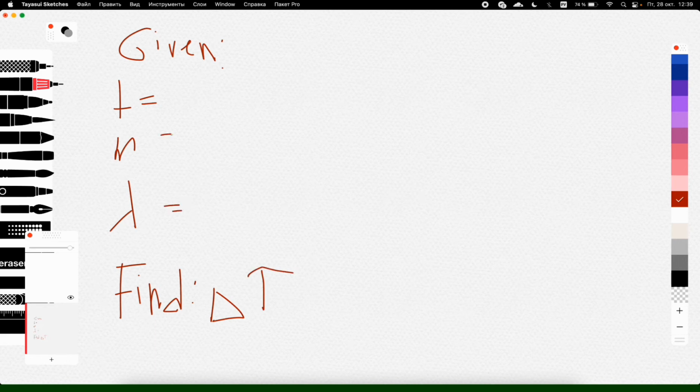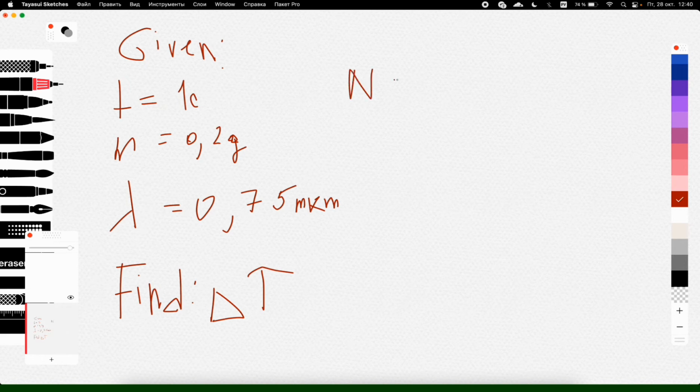Our t equals 1 second, m equals 0.2 gram, and lambda equals 0.75 microns, and we know that n equals 10 from this exercise.